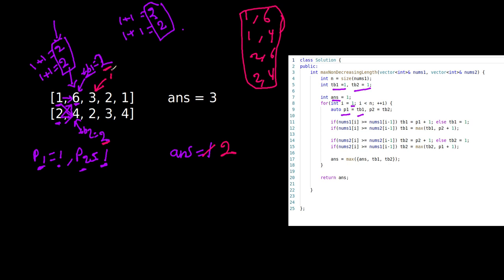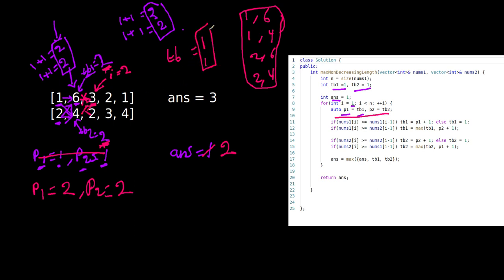Now let's move to i equal 2 and calculate for tb1. Now p1 equal tb1, the previous value, which is 2. p2 equal the previous value here, which is 2. Now calculate for tb1. From 6 to 3 we cannot go, so tb1 equal 1. From 4 to 3 we cannot go, also we have 1.